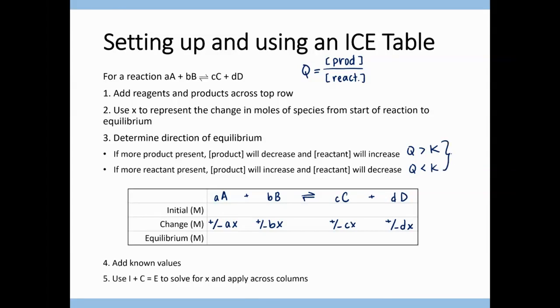I'm just going to add an arrow here for this change row. Just remember that whether it's positive or negative depends on the Q value compared to K.